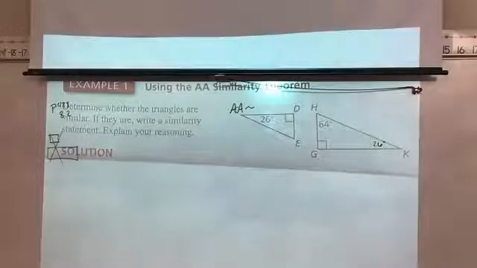Then it asks us to write a similarity statement. Remember, a similarity statement is triangle this is similar to triangle that. I want you to go ahead and write a similarity statement for this. Make sure that the angles are matching.